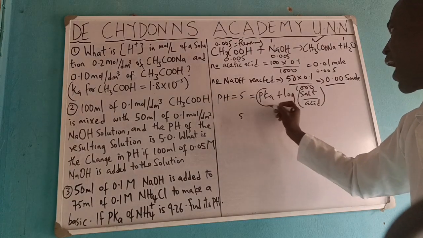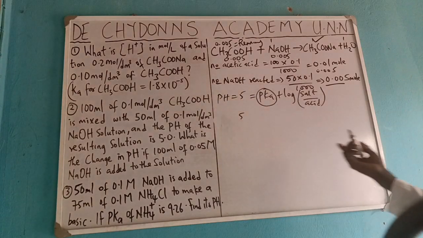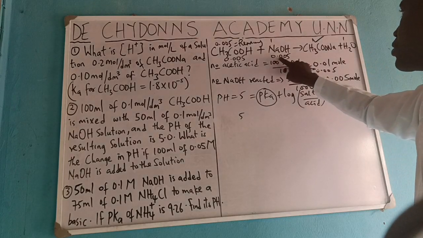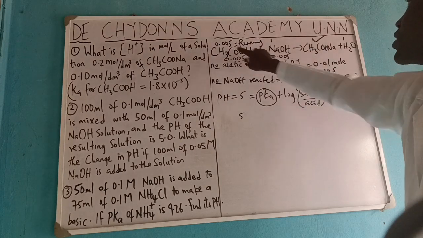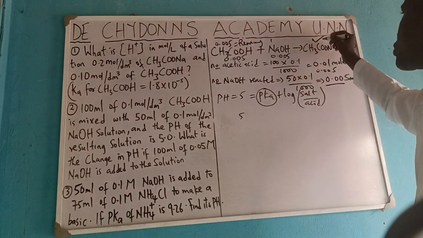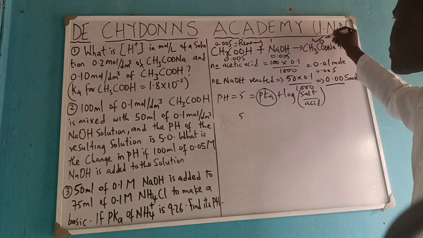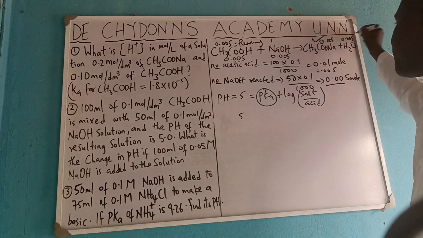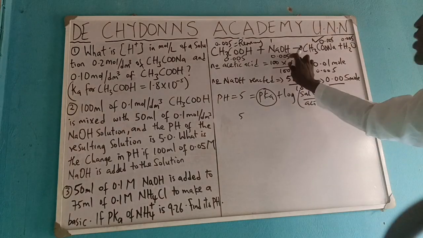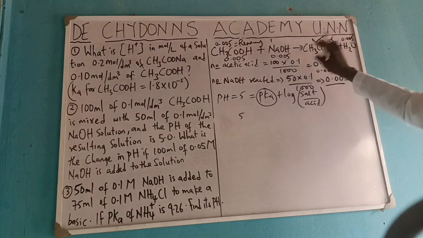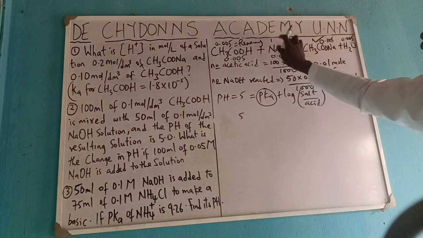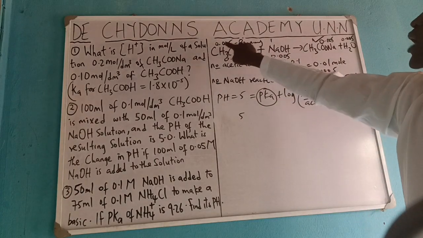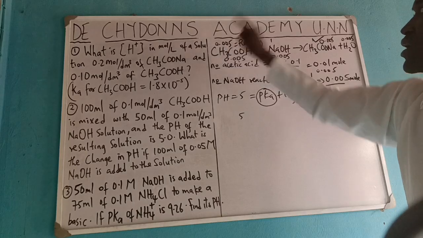That means we are looking for pKa. This reacts with this, this will now remain, and it will produce 0.005 of salt, and it will also produce 0.005 more of water. So this reacting with this produces this in terms of 1:1:1. Once this neutralizes with this, the acid will be remaining.